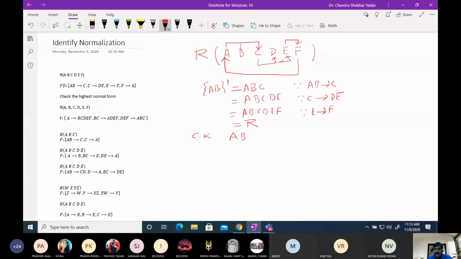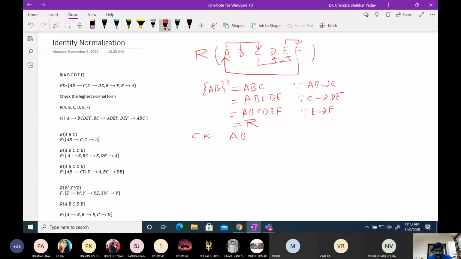B is a mandatory attribute of the candidate key. Why? Because no attribute determines B. So B will be part of the candidate key. And we will associate other attributes with B.